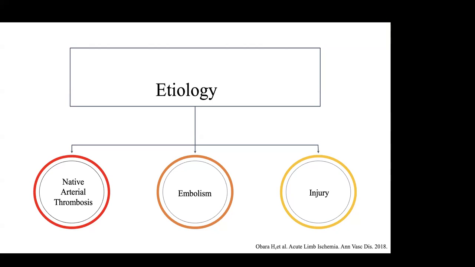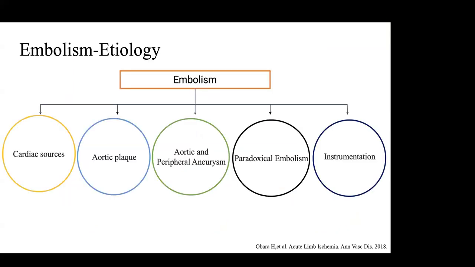Yes, sir. Going to the next part, that is embolism. The etiology of embolism is material which has traveled from elsewhere in the body. So basically the clot has dislodged from one point and has gone and lodged into the extremity, decreasing the blood flow, causing occlusion of the blood vessel.